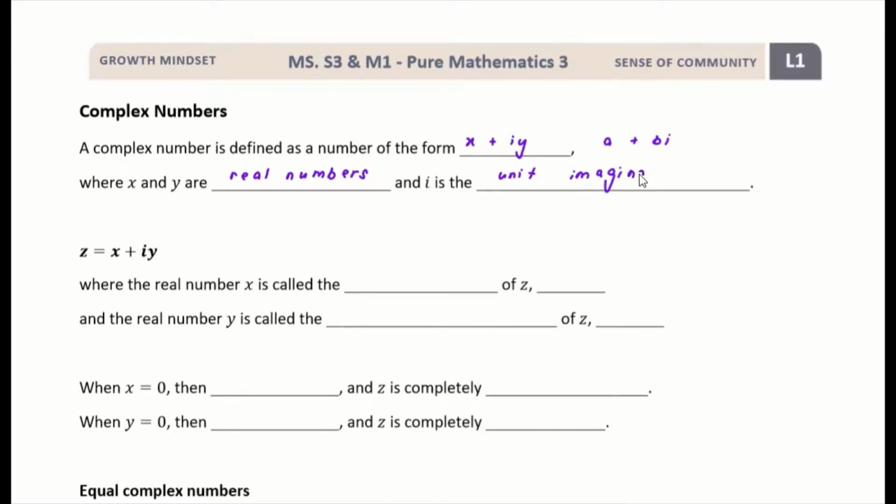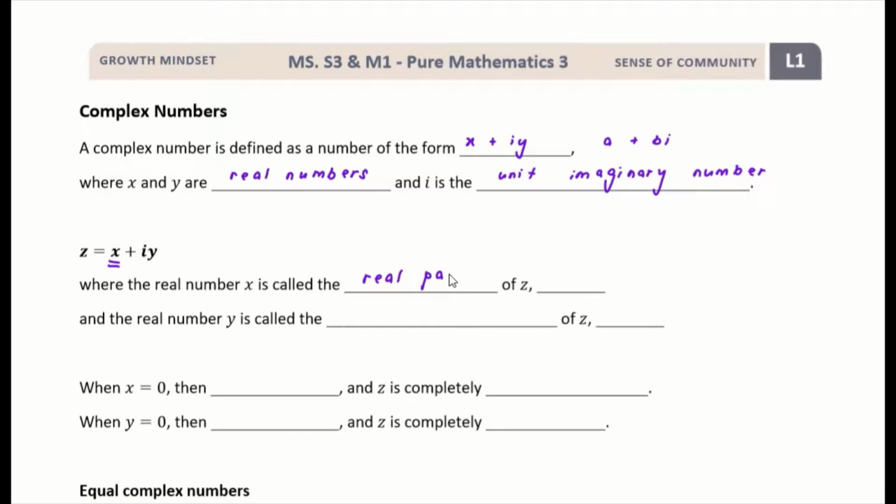Unit imaginary number. Okay, so normally the complex number will be denoted as z. So z equals x plus iy. So we have the first part, which consists of the real number part. So it's called the real part.